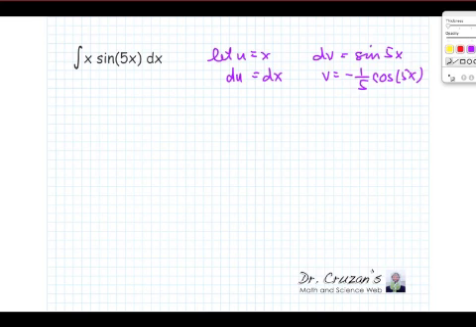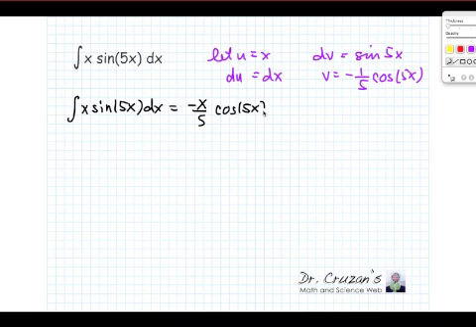Okay, and so then our integral would then be, and I always like to write out the integral again, integral of sine of 5x dx is just going to be equal to uv, so that's minus x over 5 cosine of 5x. And then it's minus the integral v du.